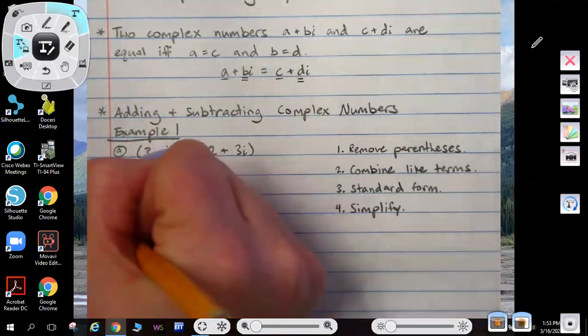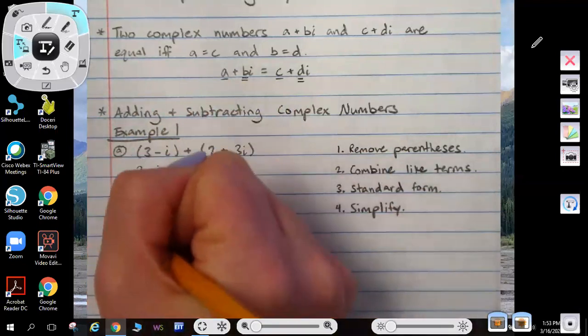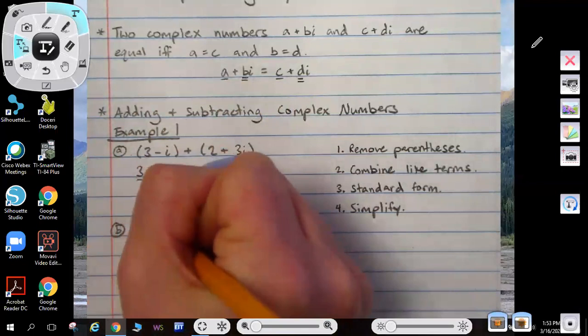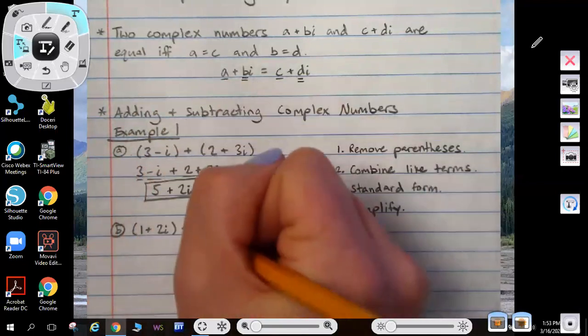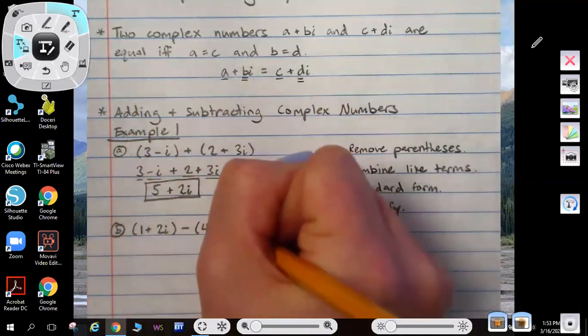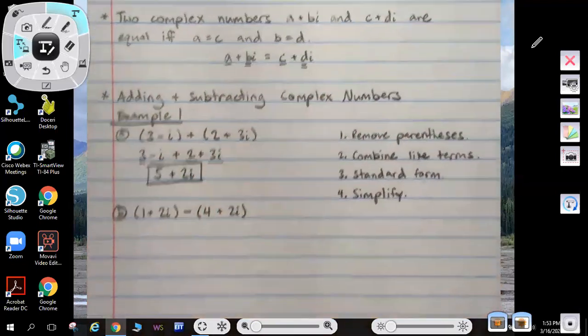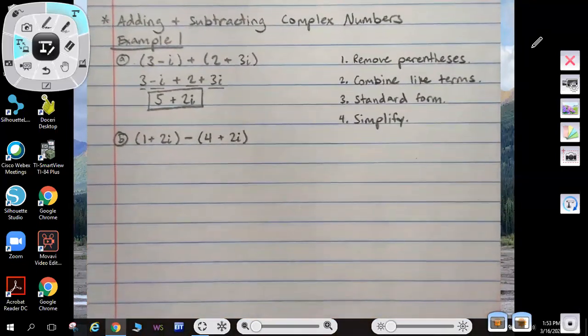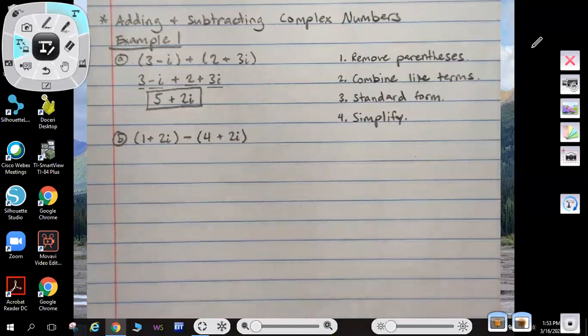Okay, let's look at part B. 1 plus 2i minus 4 plus 2i.